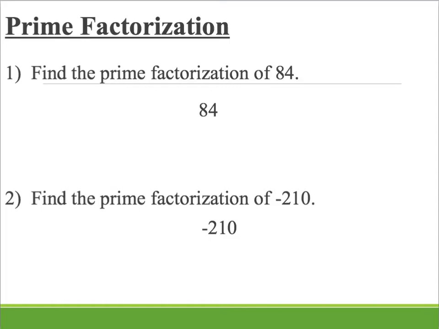Just to review a little bit, prime factorization is taking out the prime numbers. We can list the first 5 prime numbers: 2, 3, 5, 7, and 11. We want to try and take out these prime numbers from 84. So 2 times 42 is 84. I circle the prime.